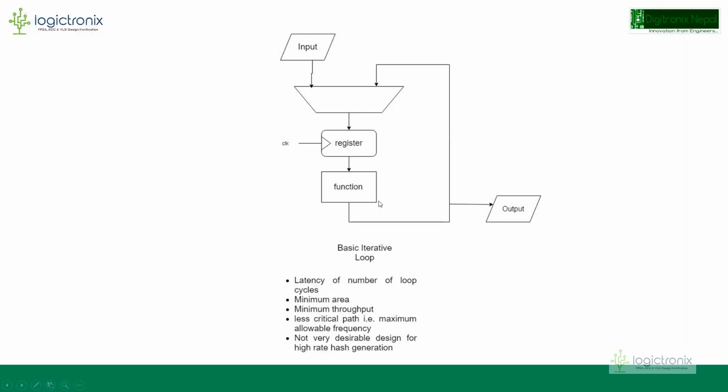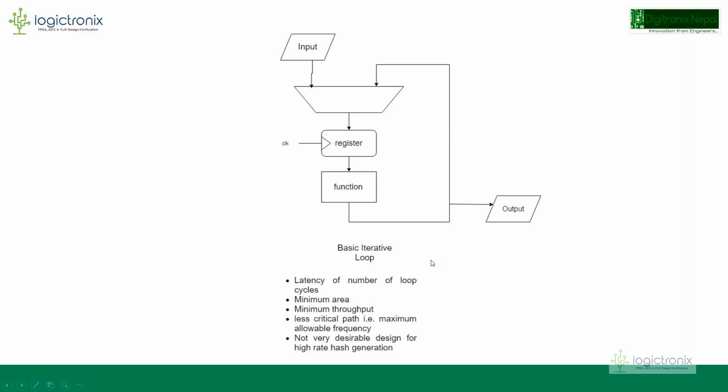The main advantage of this design is that it has the minimum area, but throughput is also minimum because you have to wait 24 cycles. Until we get the first output, we won't be able to input a new input into this module. That's its main disadvantage, and this is not desirable, of course, for higher hash rate generation.